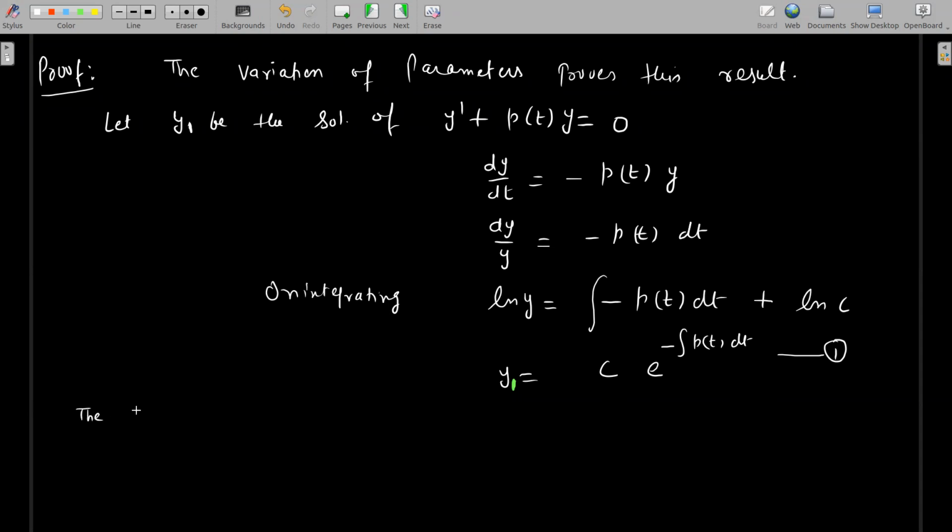So the variation of parameters, shortly I am writing v of p. Okay, so this is variation of parameters.